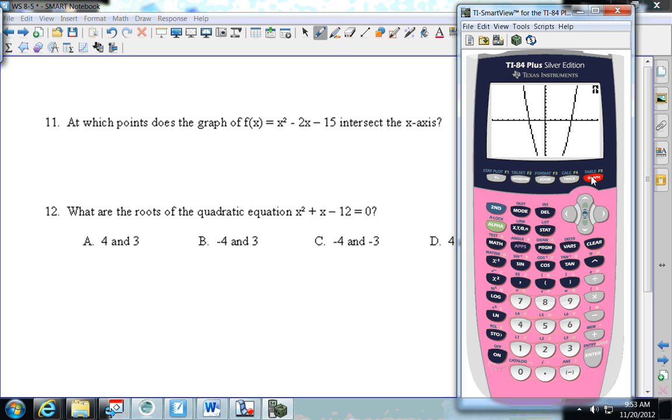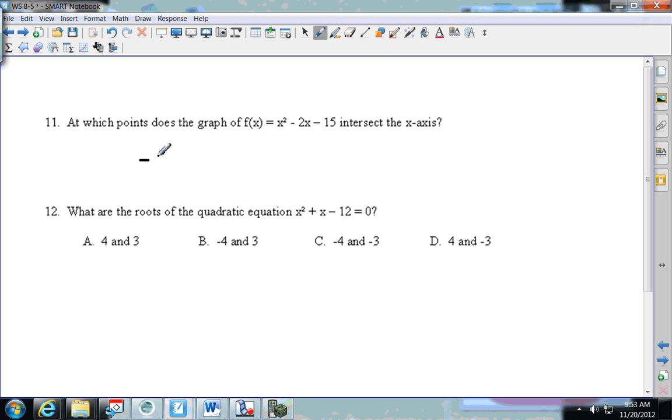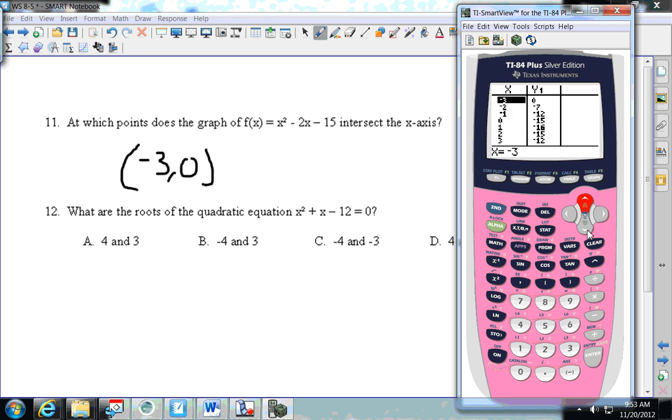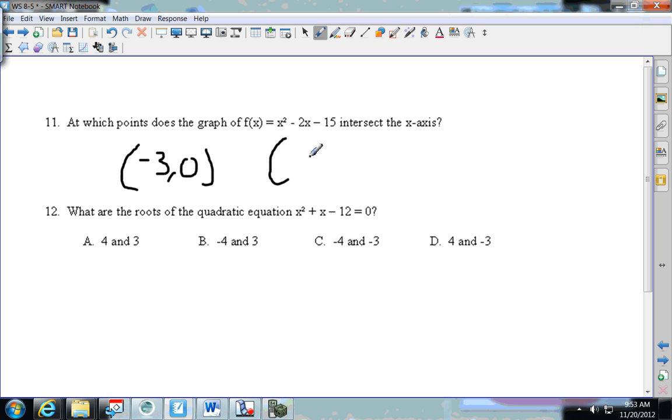So I look where they're negative. There's one of them, -3, 0. The other one is a positive one, so I'm going to go down and look in the positives. And there it is, 5, 0.